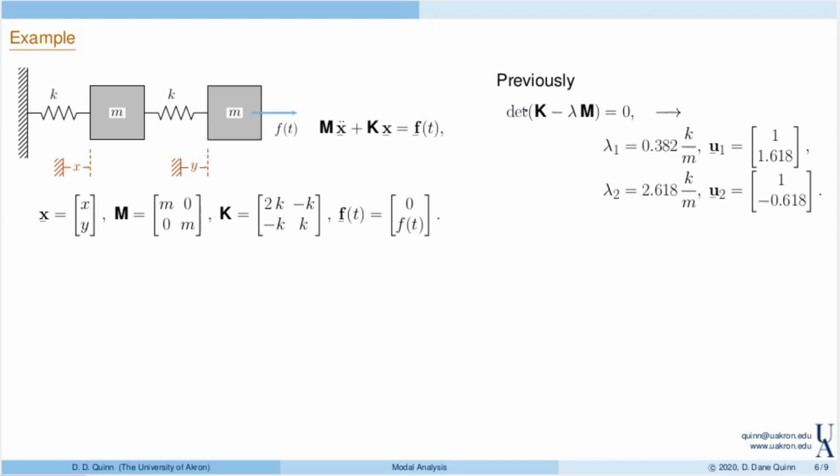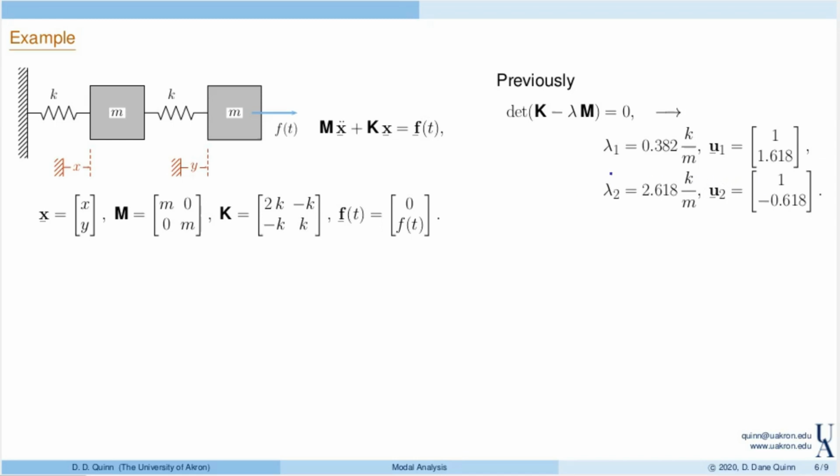Previously we looked at the solution, and the eigenvalues and eigenvectors are given here. Lambda 1 is 0.382 times k over m, where k is the unknown or variable stiffness, and m is the mass. We have the first mode shape, which is an in-phase mode according to our previous definition, and the second mode is an out-of-phase mode.